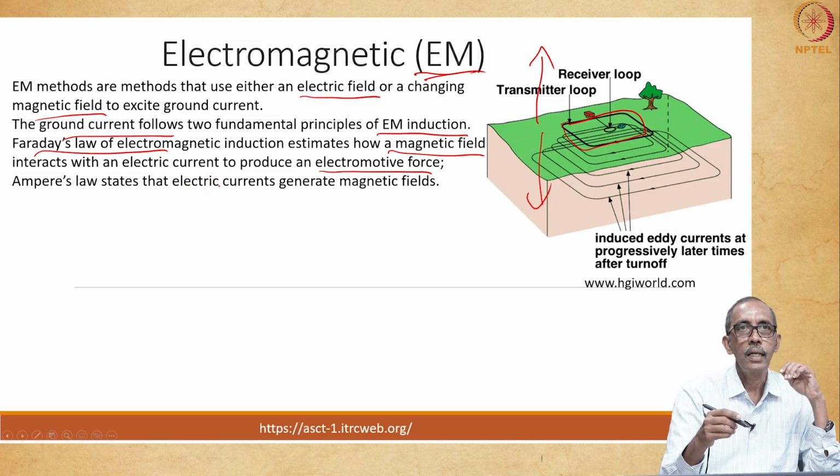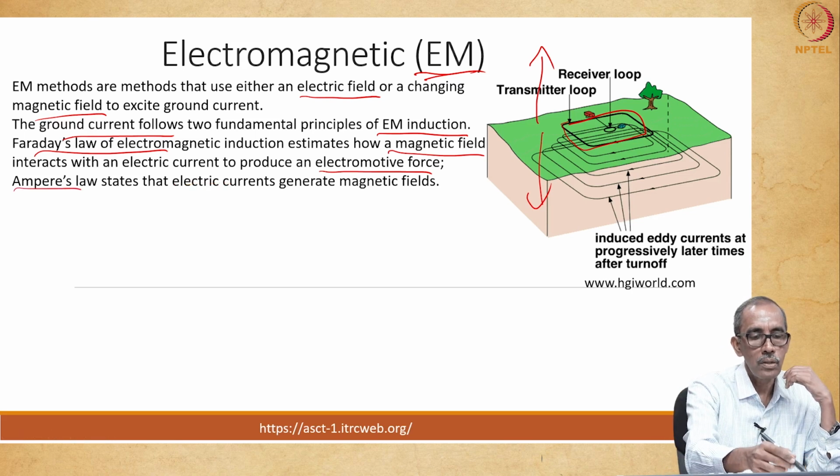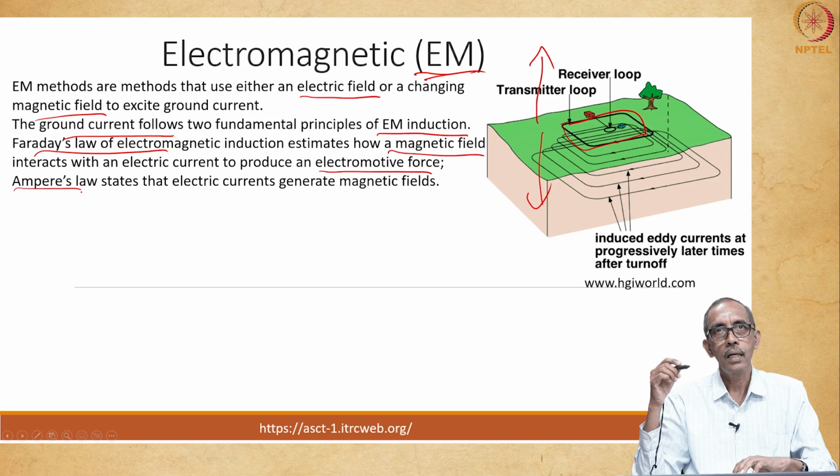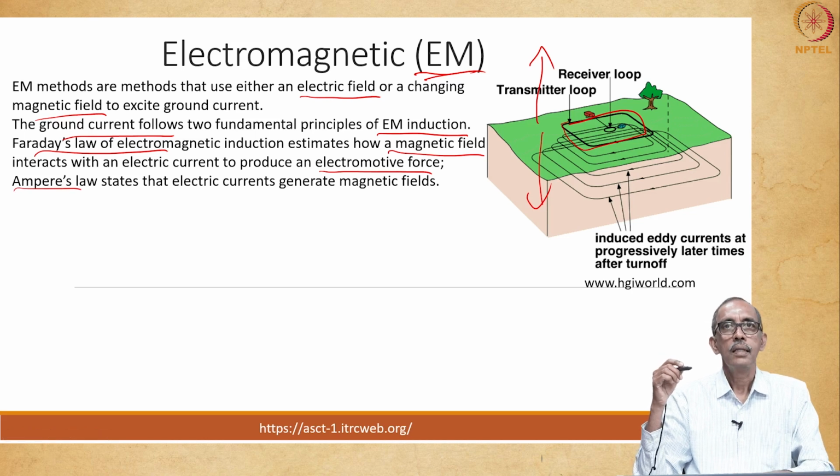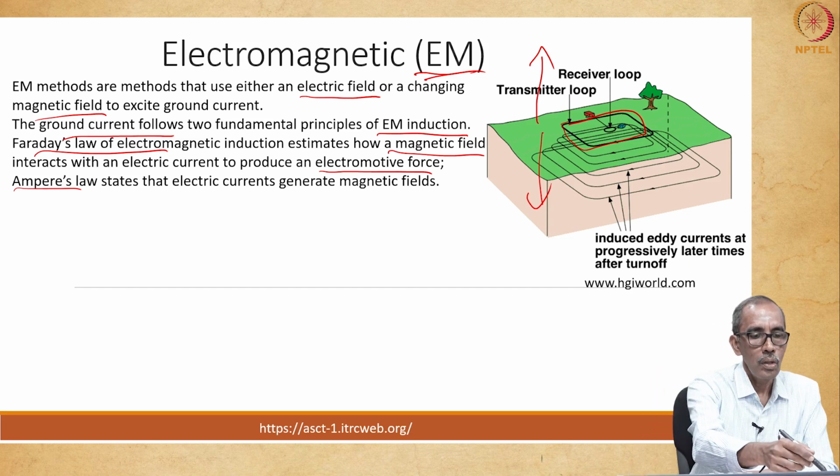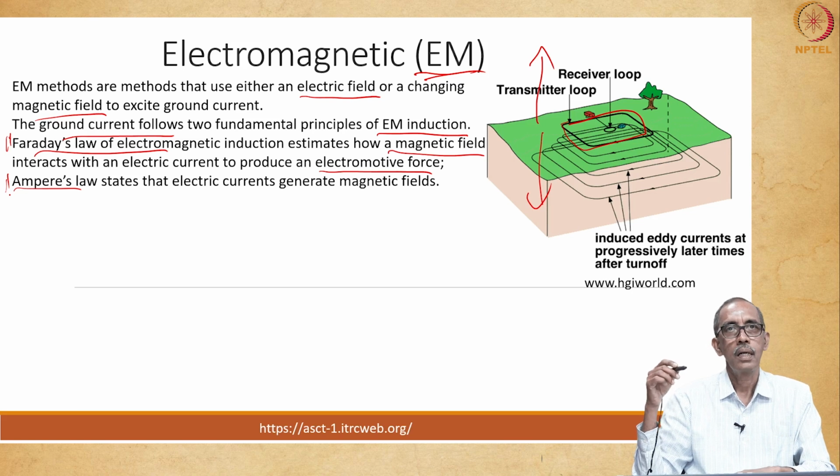And secondly, it relates to Ampere's law, which states that currents generate magnetic field. Right? So, electromagnetic methods depend on these two laws, that is, one is Faraday's, number two is Ampere's law.